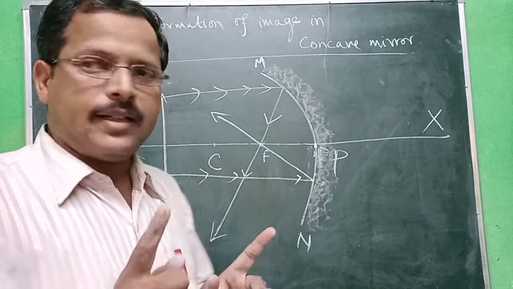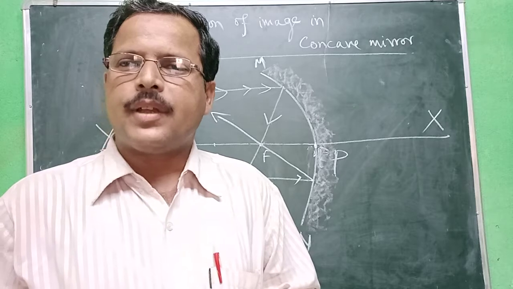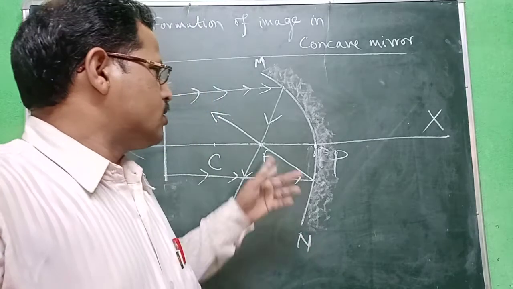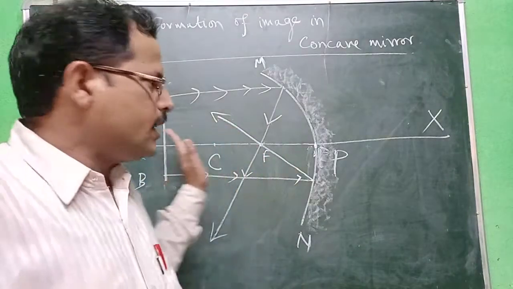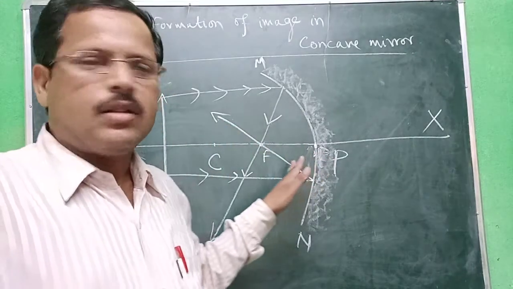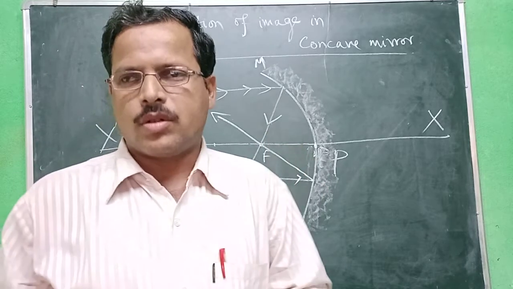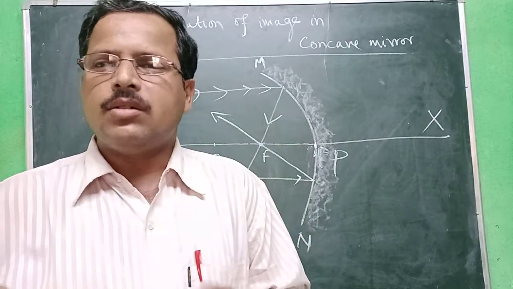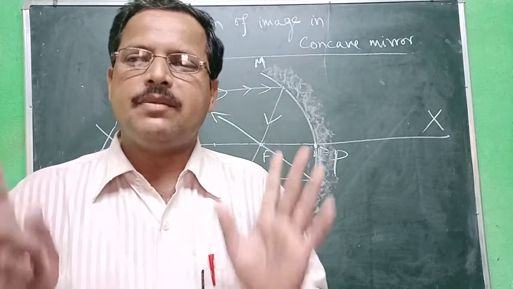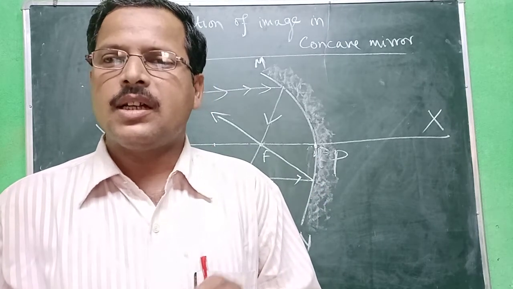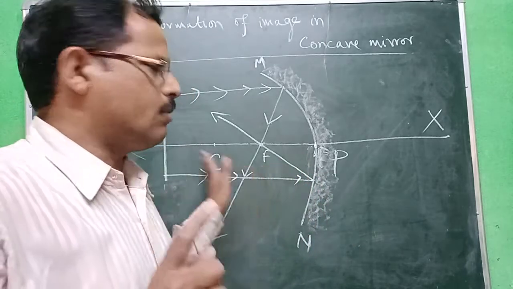And inverted image. So when the object is far away at infinity, we get the image on the principal focus, and the image is point sized, highly diminished, very small as compared to the object.